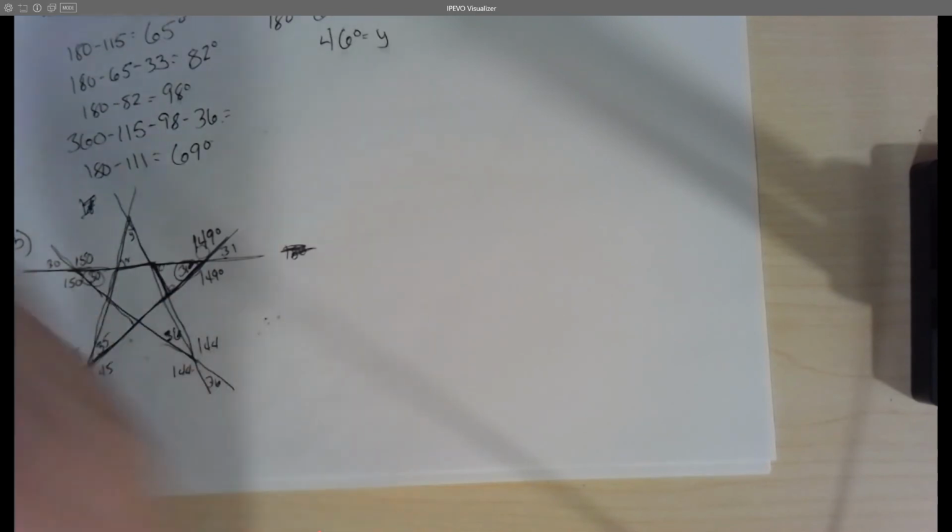If this is 30, so let's add up the values that we have. 30 plus the 35 plus the 36 plus the 31. And we get a total of 132 degrees.